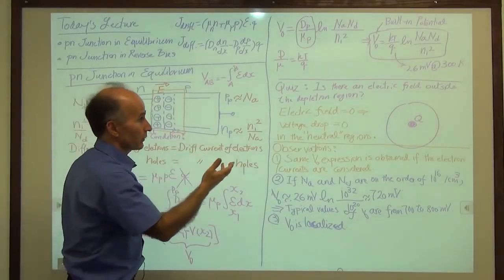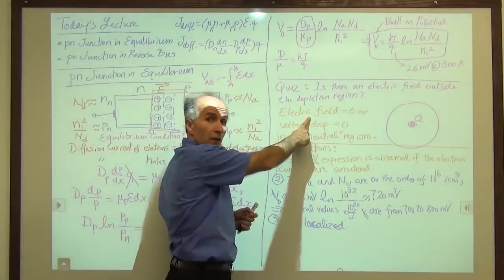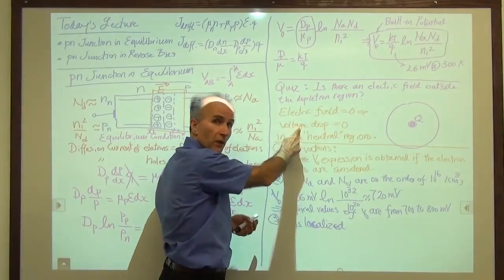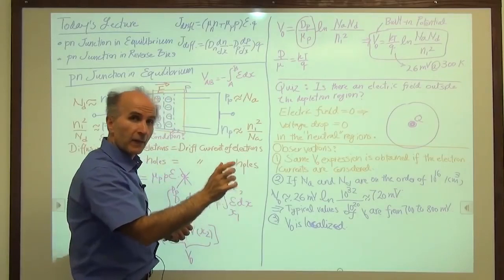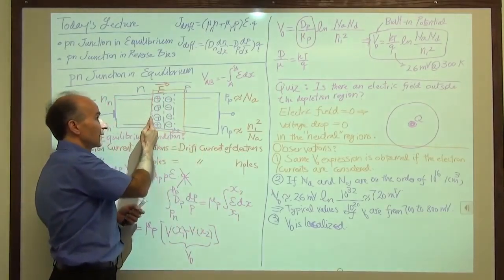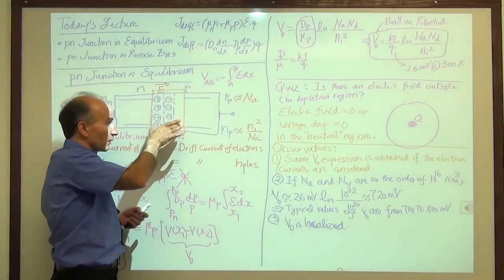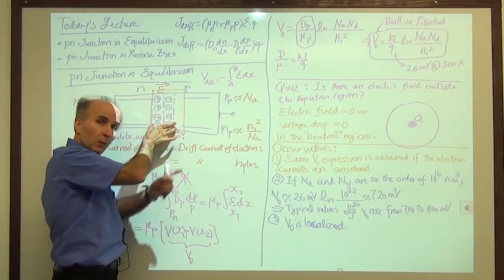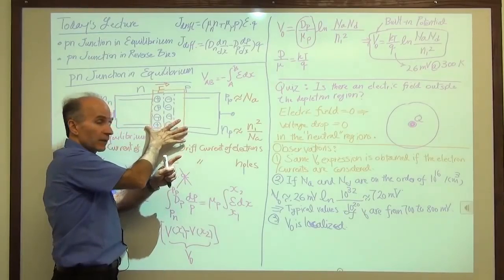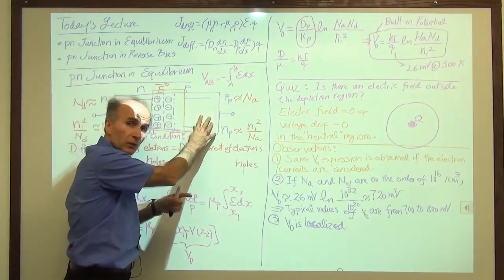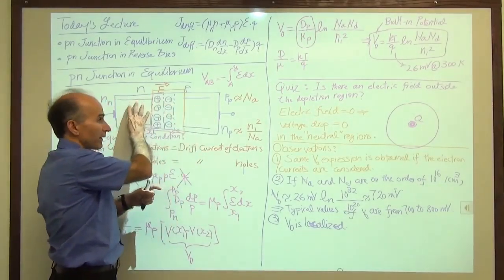And we saw the reason for that just now, right? Because we said the electric field was 0, the voltages were 0, so the only voltage that we have is localized to this edge of the depletion region and this edge of the depletion region. If we measure the voltage difference between these two, we get that amount. If we go any farther, we don't have any voltage contribution by this section and that section.